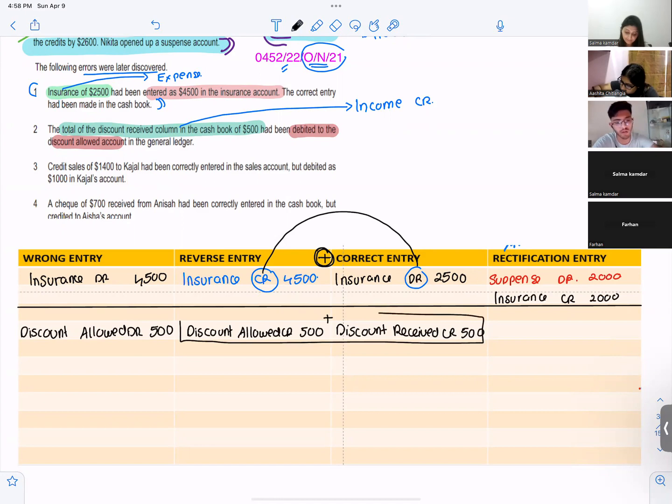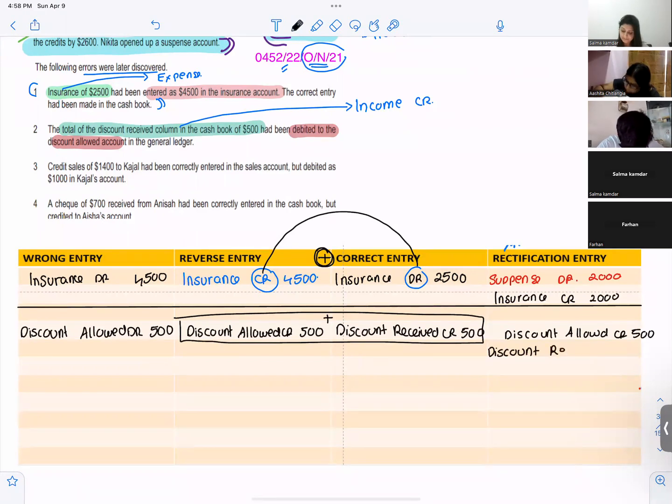It will be discount allowed credit 500, discount received credit 500, and suspense account debit 1,000. Alright, done.